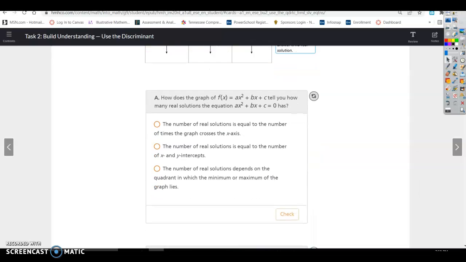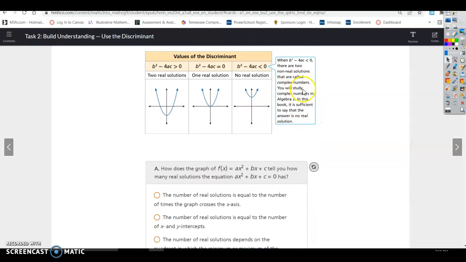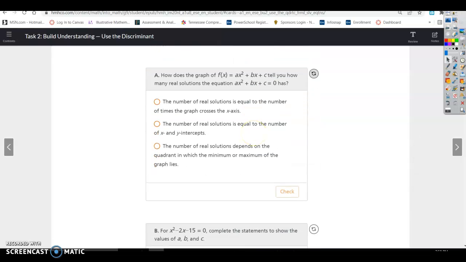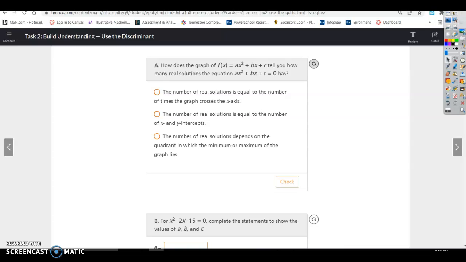This just says in Algebra 2 you're going to learn something about complex numbers, but we don't need to worry about that right now. So how does the graph of f of x equals ax squared plus bx plus c tell you how many real solutions the equation has? The number of real solutions is equal to the number of times the graph crosses the x-axis.